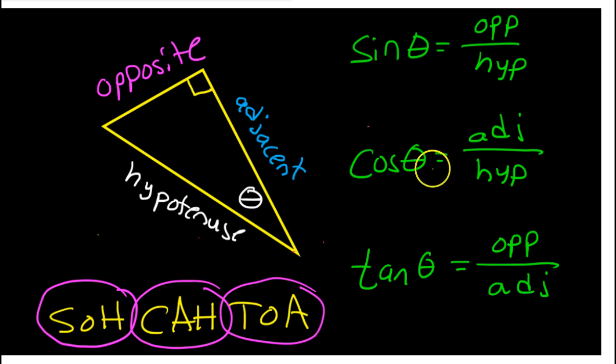That is the three definitions squeezed into one funny sounding word, where SOH stands for sine is opposite over hypotenuse, CAH, that's cosine, is adjacent over hypotenuse, and TOA, tangent, is opposite over adjacent. So if you can remember Sohcahtoa, then you can remember all of your definitions.